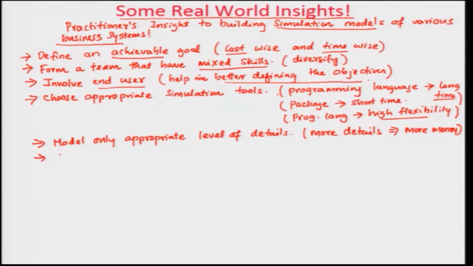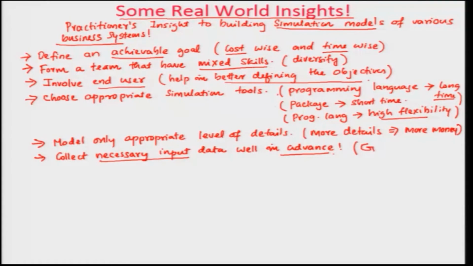Then collect necessary input data well in advance, as early as possible. Whatever the necessary input data, collect it at the earliest, because otherwise the principle GIGO is very true.